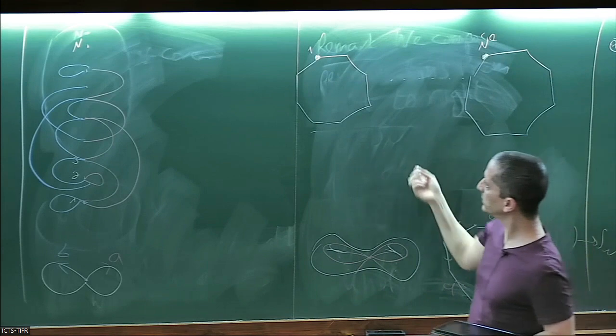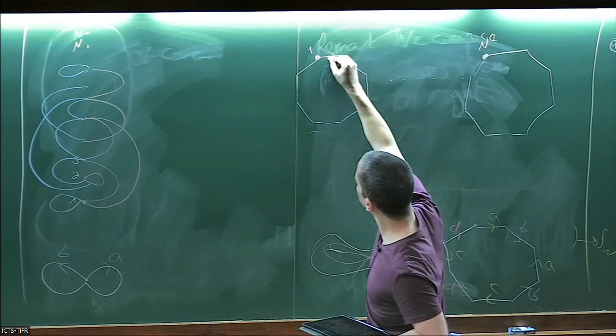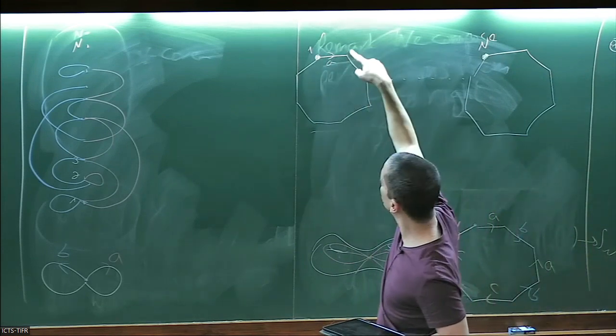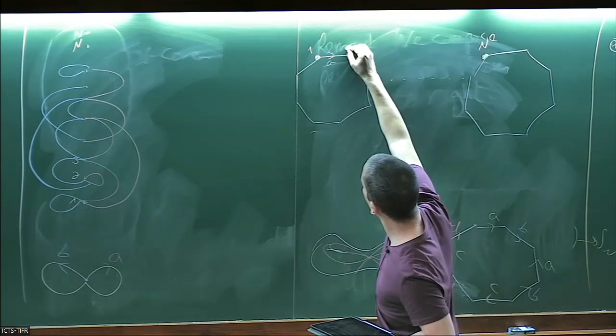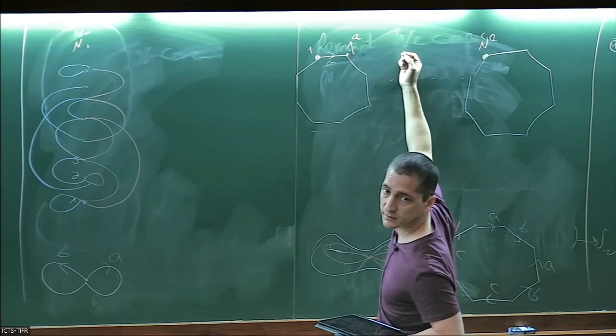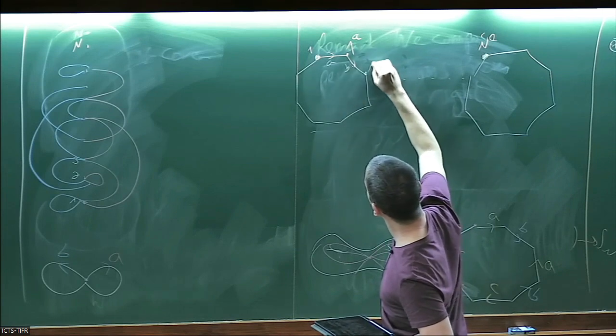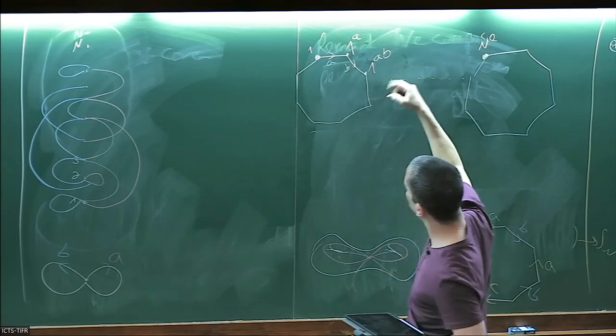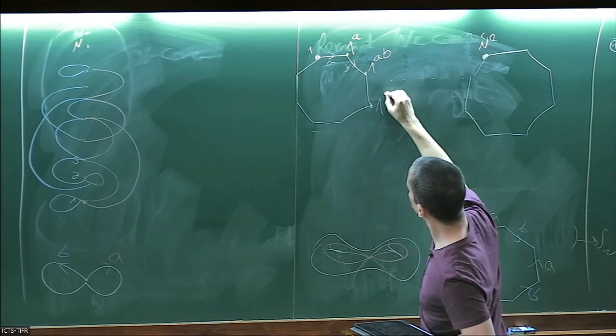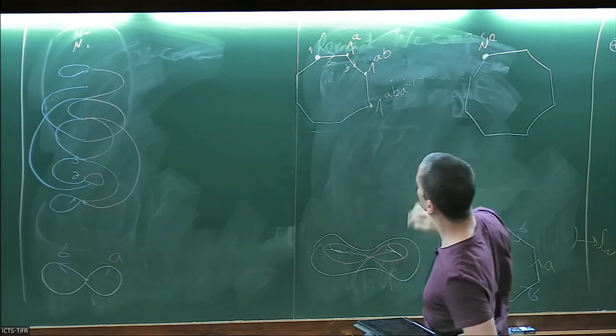Now, remember, this is the edge A, so this vertex should be 1 to the A. This edge is B, and this vertex will be 1 to the AB. So I compose AB, and this one will be 1 to the AB, A inverse, and so on.